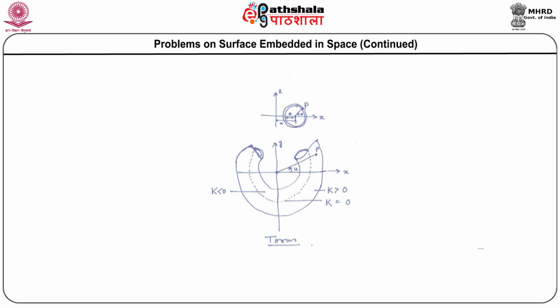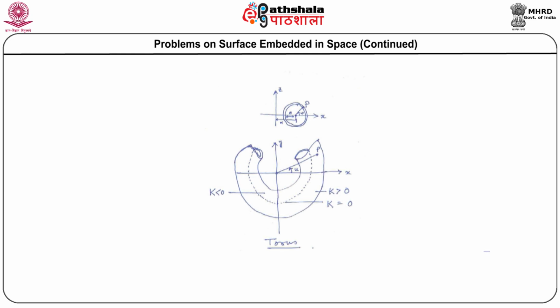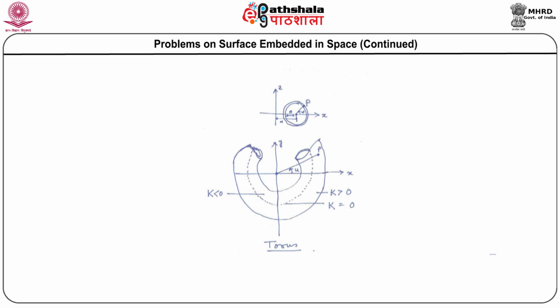That means, along the dotted line the points are parabolic points, and at the outside portion the points are elliptic points because the Gaussian curvature is greater than 0, and in the inside portion the Gaussian curvature is less than 0. So, it is the hyperbolic type, the points are here hyperbolic points. So, all the three types of points are lying on the torus.